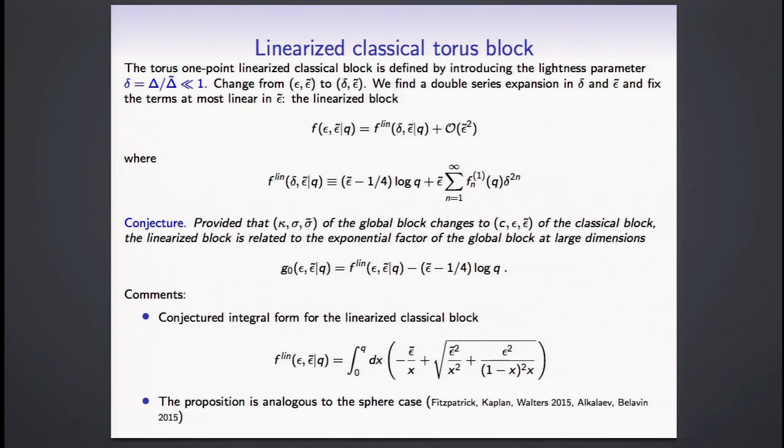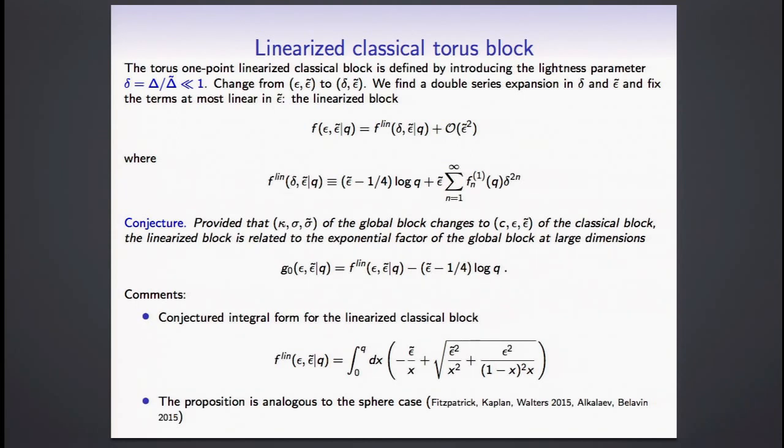Then changing from the original classical conformal dimensions to delta, the lightness parameter, and the external conformal dimension, we can reorganize the whole conformal block function in terms of a double series expansion in delta and epsilon tilde, and find this expression which says that we keep terms at most linear in the external conformal dimension.